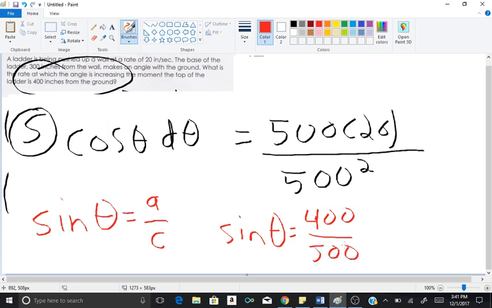And so we can simplify that to sine of theta equals 4 over 5.